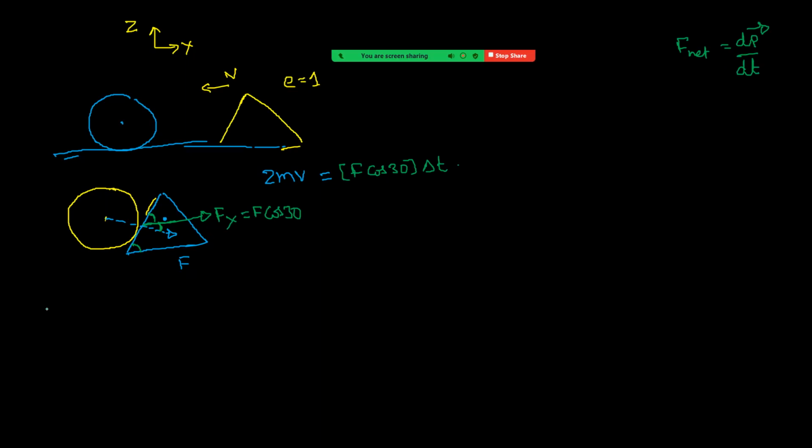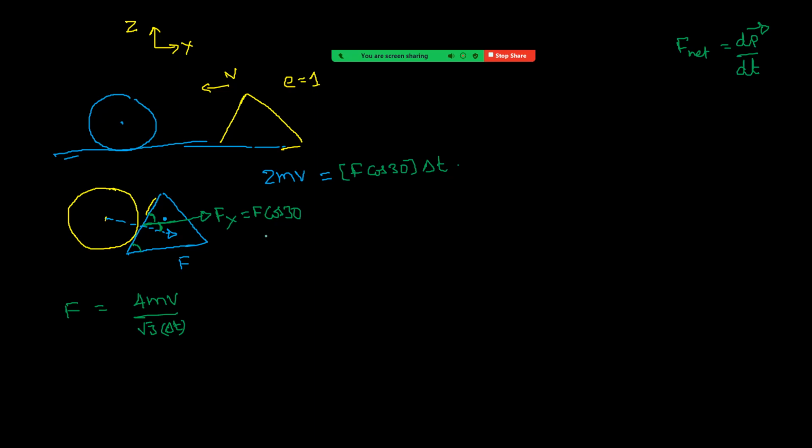I'm writing here F cos 30, cos 30 is root 3 by 2. That means F equal to 4mv by root 3 delta t. Right, so cross check once.